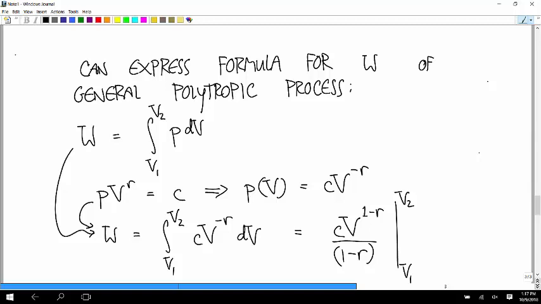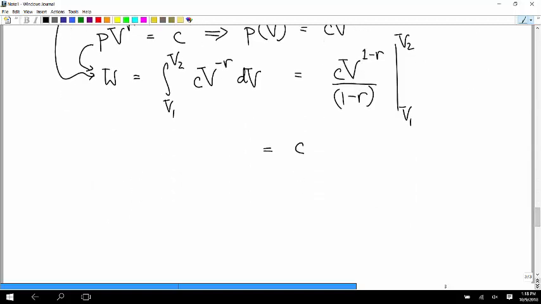And so C times V to the negative R plus 1 is pressure times volume. So I can get rid of that C. We have pressure times volume over 1 minus R, evaluated from V1 to V2.